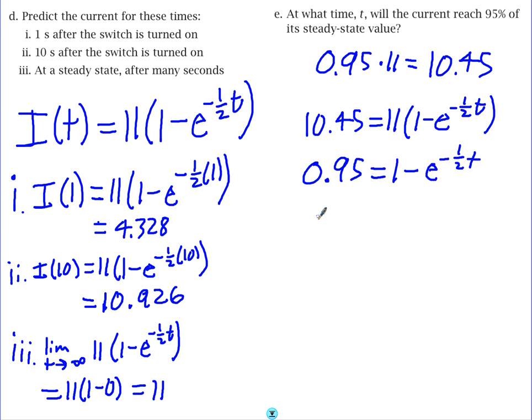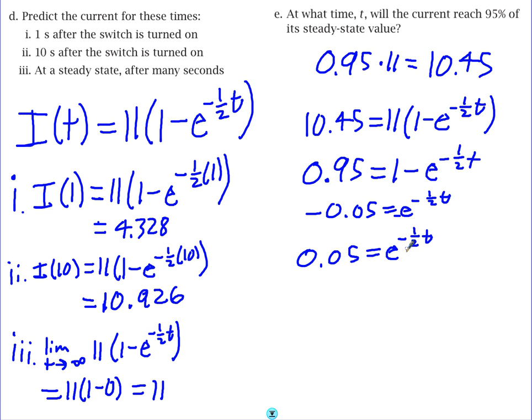Subtract that 1 over, you get negative 0.05 equals negative e to the negative 1/2 t. Dividing by negative, we're going to get 0.05 equals e to the negative 1/2 t.